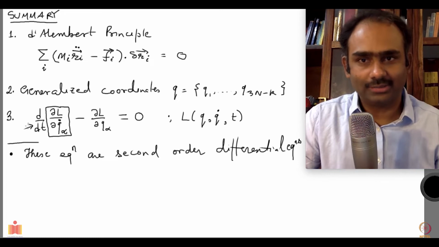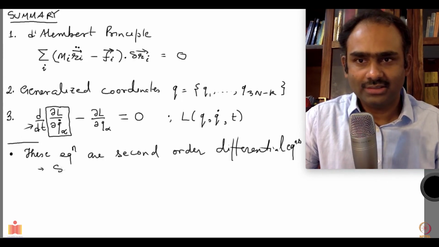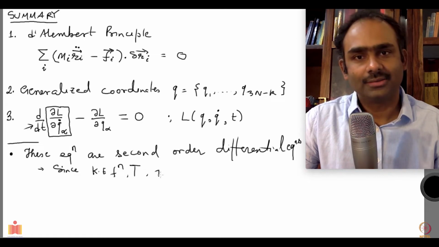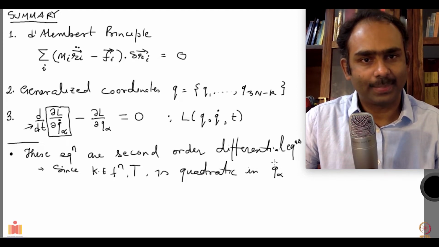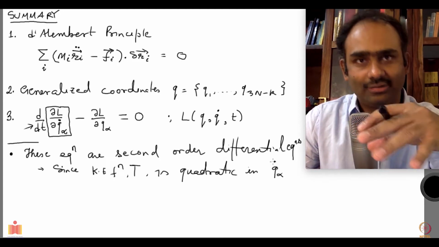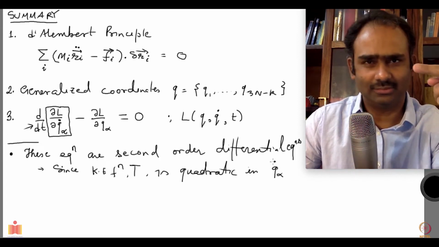Let me write it down here. Since the kinetic energy function T is quadratic in q alpha dots, you remember you have terms like q alpha dot, q beta dot, times a function which is a function of the q's. This is what we discussed in the last video.